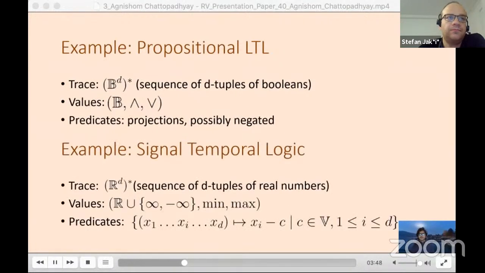In the case of signal temporal logic, traces are sequences of tuples of real numbers denoting components of a signal. The truth values are real numbers, potentially including positive or negative infinity. The predicates consist of a comparison operator, where the operator xi greater than c is interpreted as the value xi minus c.